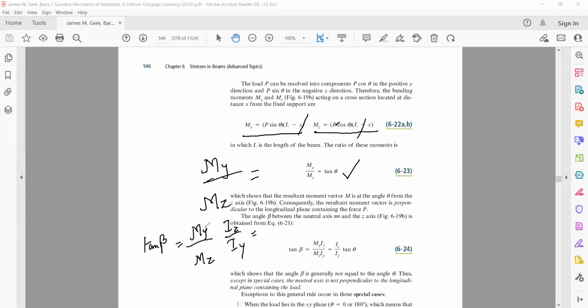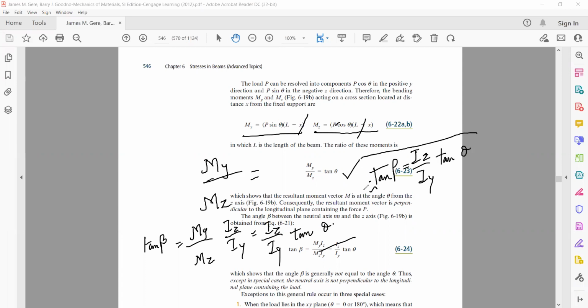Therefore My by Mz equals tan theta, so we write tan beta is equal to Iz by Iy into tan theta. This is the relationship between beta and theta. What is beta? The angle which the neutral axis moves.